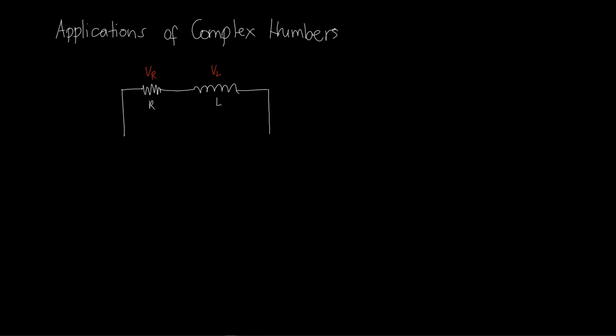The total voltage across these nodes we call V, and the current flowing we call I.